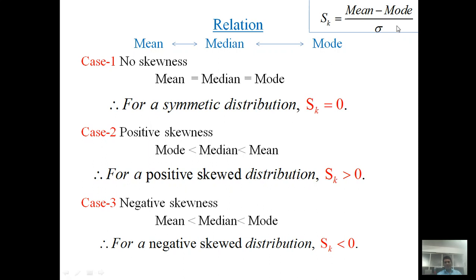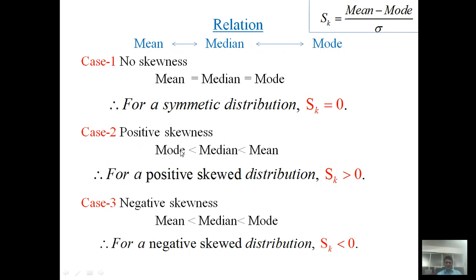So the denominator is always positive, but as mean and mode are the same, the numerator is 0. So 0 upon some positive non-zero value, so the Pearson coefficient Sk is equal to 0 when there is no skewness. No skewness, that is also a symmetric distribution.